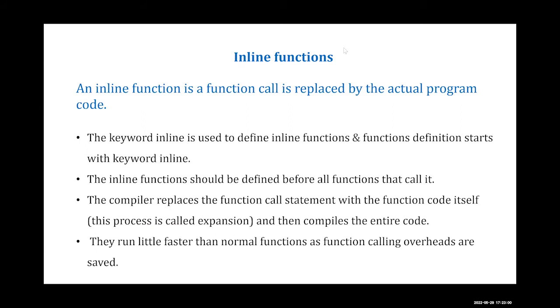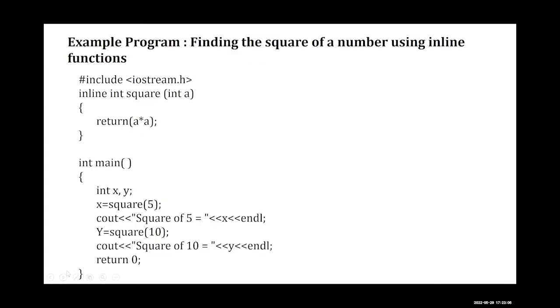I hope these points are clear. So these are the features of the inline function, right? So this is the example we saw. If we look at it once again, I have my inline function here, and in two places I am going to call this function in the main, right? So here I am passing the value 5. So what is happening here?